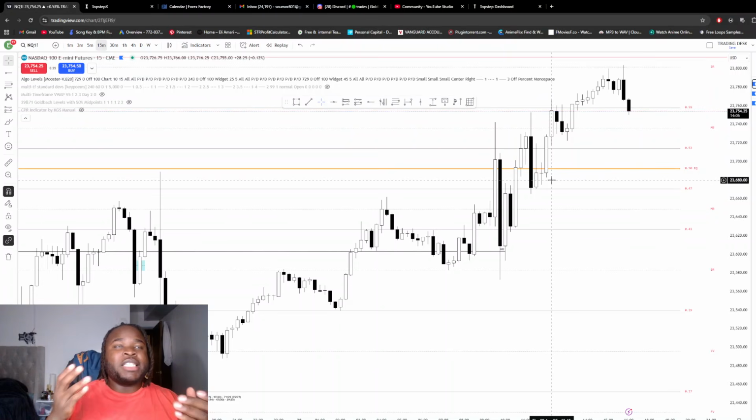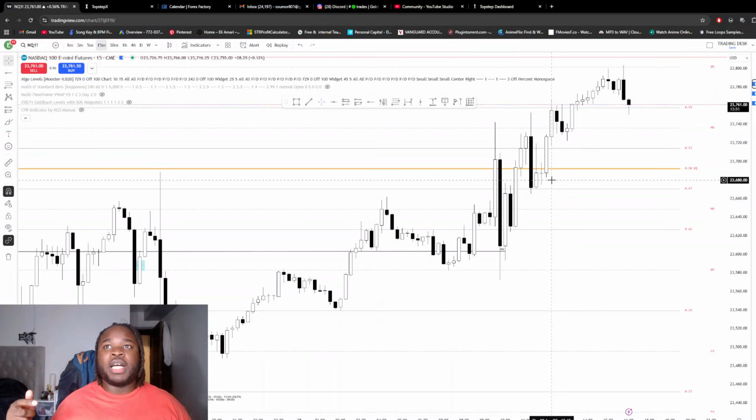So that's the difference between the PO3s and when to use them. 243 is for more intraday session trading, Asia session, London session, New York session, etc. And then the bigger PO3, 729, 2187, I think it is, you use that for swing trading, right? But I don't really swing trade, so I don't have a use for the 729. And the way I trade, I can execute using just the 243 PO3.